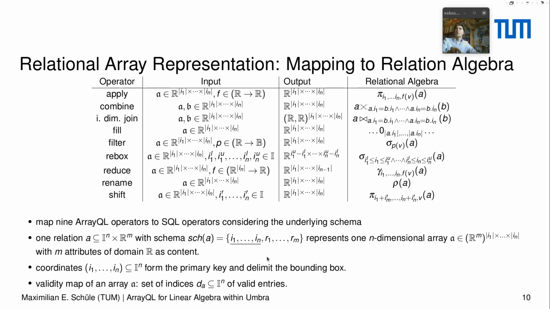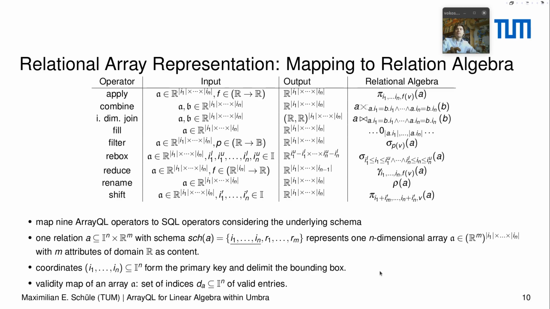We can now map relational algebra to ArrayQL algebra. ArrayQL has 9 operators, and we translated them all into relational algebra using the underlying scheme. One relation of indices and attributes is translated into a schema, with all being an attribute. And the coordinates form the primary key and delimit the bounding box.